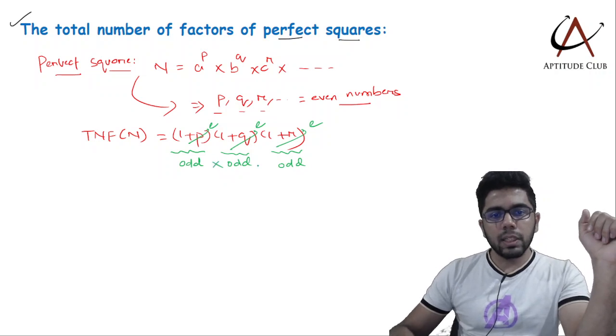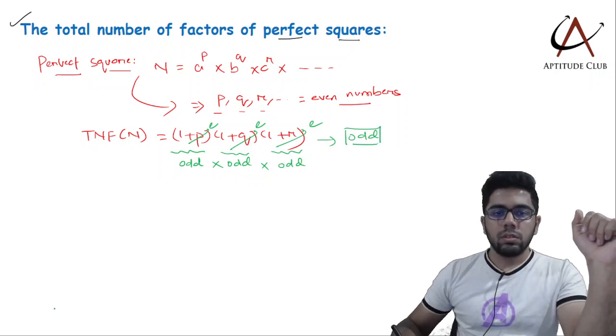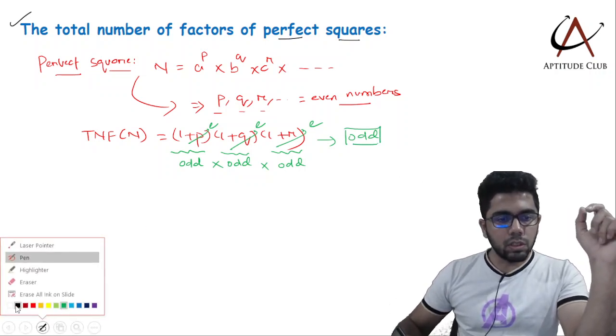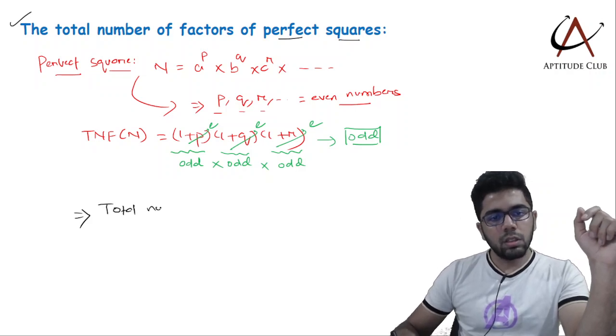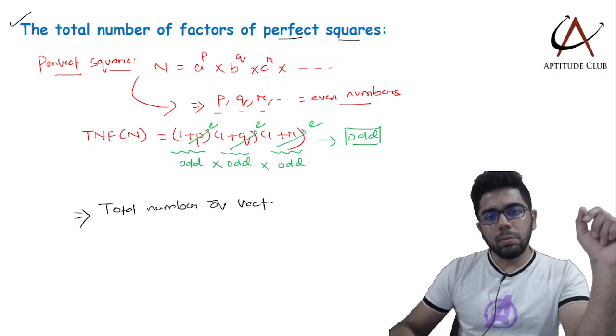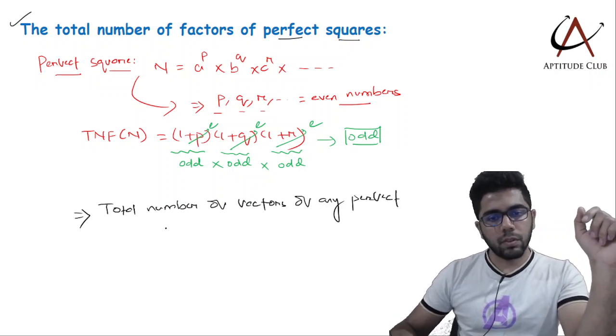So when you multiply three odd numbers, what will be the product? The product of course is an odd number. So this gives us a very important conclusion: the total number of factors of any perfect square is always odd.